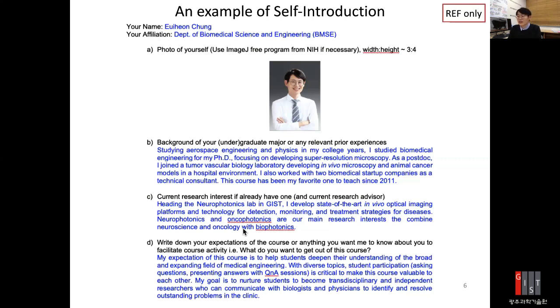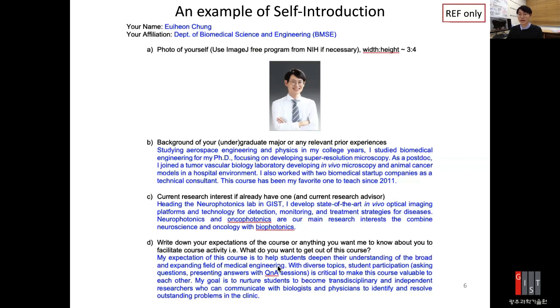My expectation for this course, about what I want to get out of this course by teaching, is to help you deepen your understanding of this broad and fast-growing field of medical engineering.